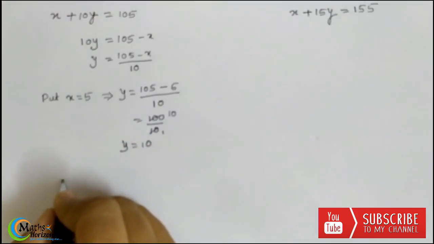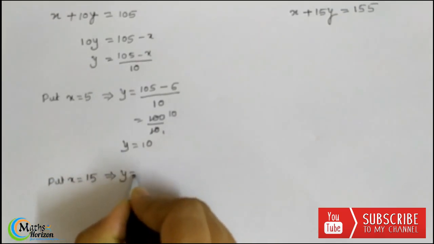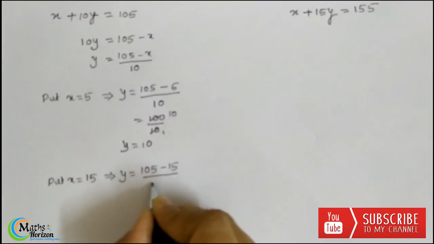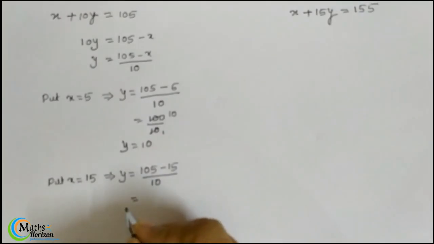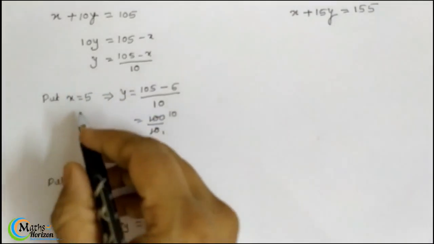Next, let us put x is equal to 15, which implies y is equal to (105 minus 15) divided by 10. So 105 minus 15 is 90 divided by 10, which is nothing but 9. So for x is equal to 15, the y value is 9. Now we can set up the coordinates here for the x and y values.